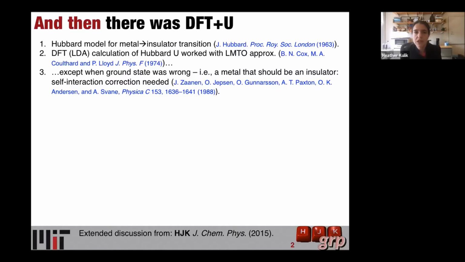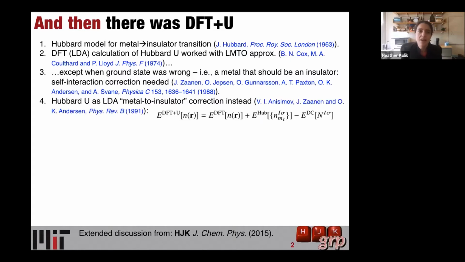And the first suggestion that self-interaction correction was what was missing from the LDA in order to accurately compute Hubbard U's, roughly speaking, is in this 1988 paper that many people don't cite too much. But basically it points out that there's a problem with the LDA for extracting Hubbard U parameters when the ground state is wrong. And that is when the two worlds collided.